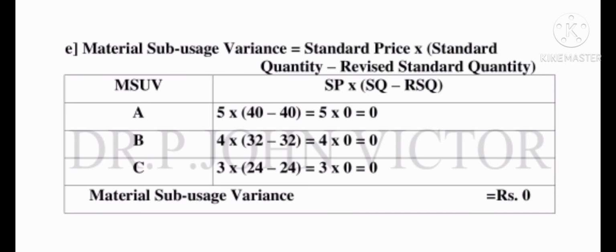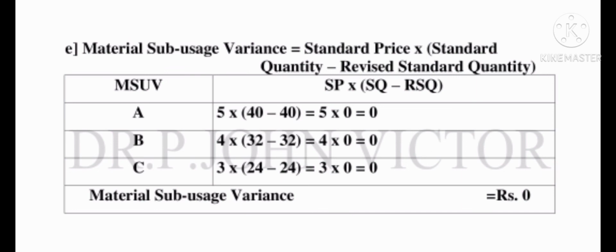Then product C, take the standard price, rupees 3, into standard quantity 24. The revised standard quantity as per the previous calculation is 24. That means 24 minus 24 is 0, so 3 into 0 is 0. So for material sub-usage variance, all three products A, B and C get 0 value.